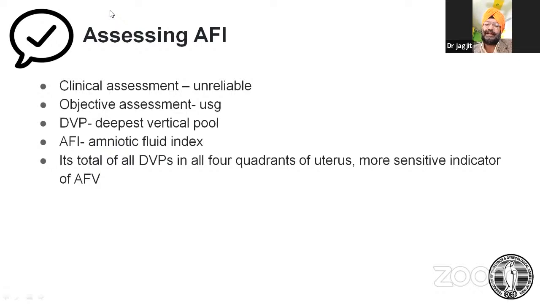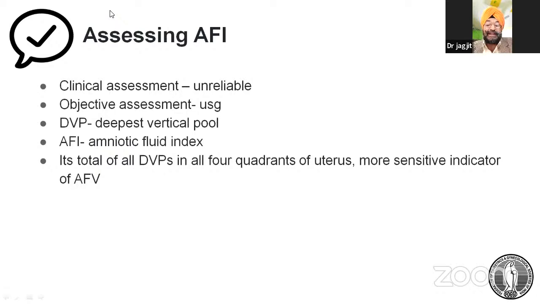For example, by 20 weeks you are able to have a good assessment of amniotic fluid, but for the 4-quadrant index at 20 weeks it's very difficult. How do you assess the limitation of one pocket? They are all intermingled. So we are not treating the reports, we are treating a patient, some condition.